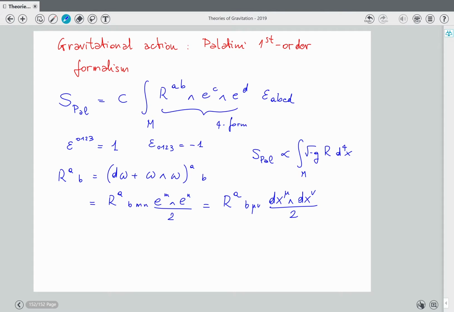So let's do that and show the equivalence of these two actions. So the Palatini action is equal to C times the integral on the manifold M of R^{AB}_{mn} E^m E^n E^C E^D epsilon_{ABCD}. And there is a 1/2.